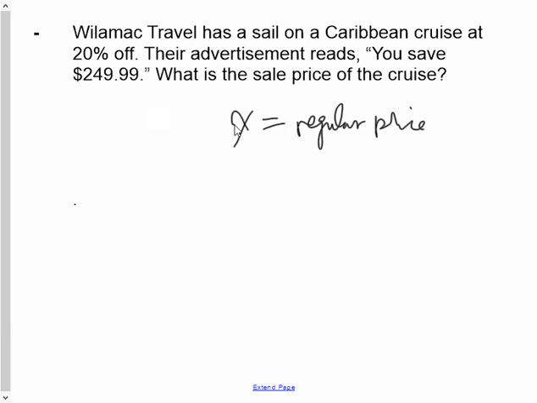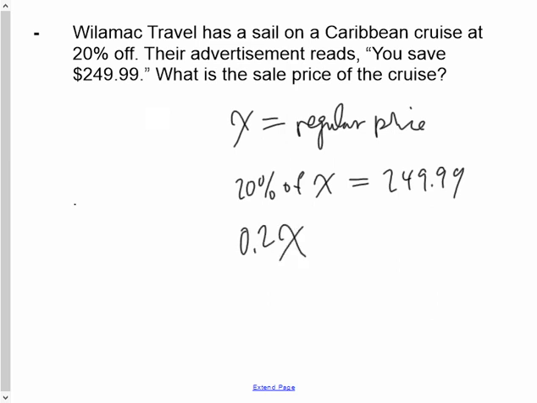So 20% of the regular price is a savings of $249.99. Algebraically, that looks like 0.2x is equal to $249.99.